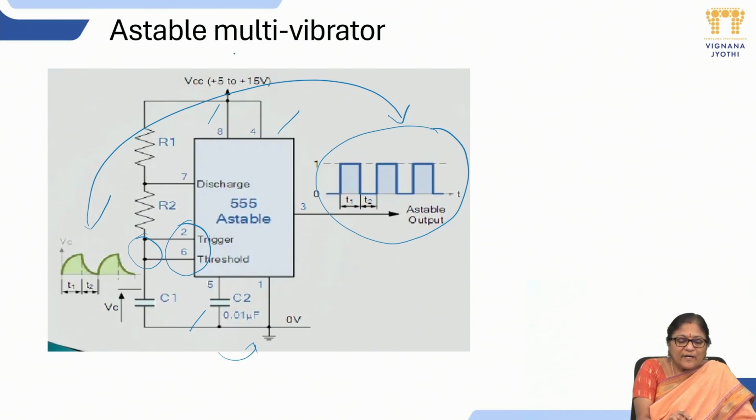What is the name? Multivibrator means it has a circuit. A square waveform contains multiple frequency components. If you decompose it into a Fourier series, any square wave can be decomposed into an infinite number of basic sinusoidal waveforms with different amplitudes.